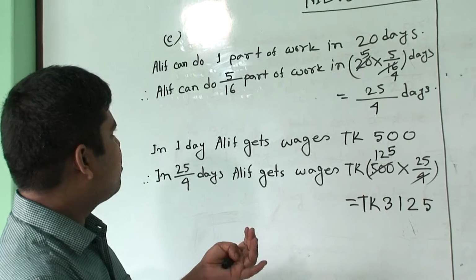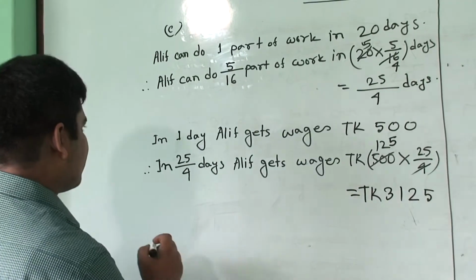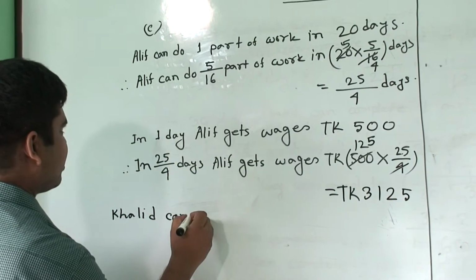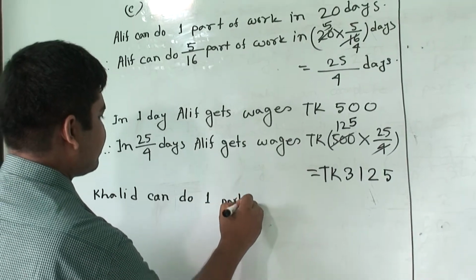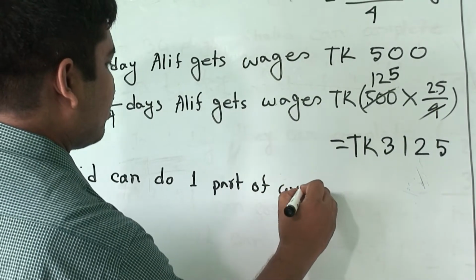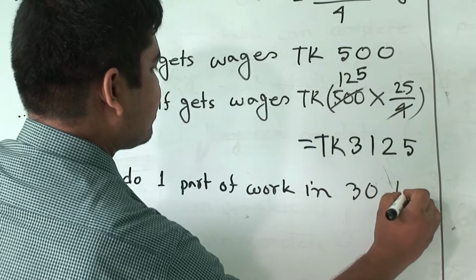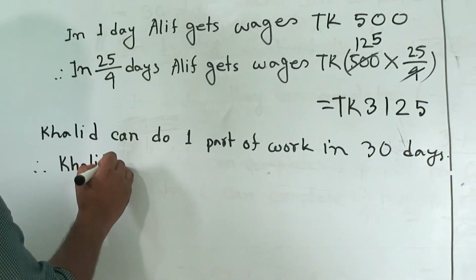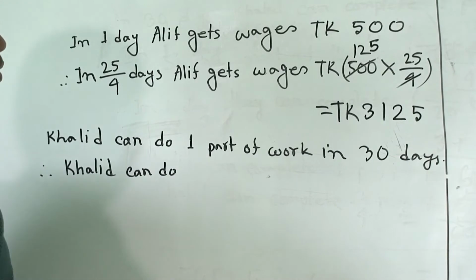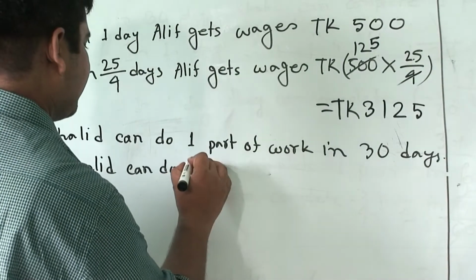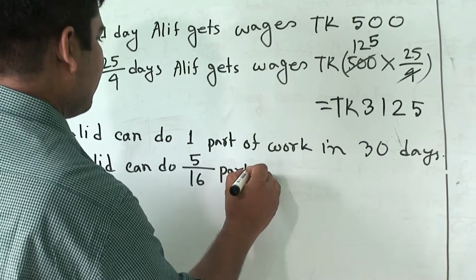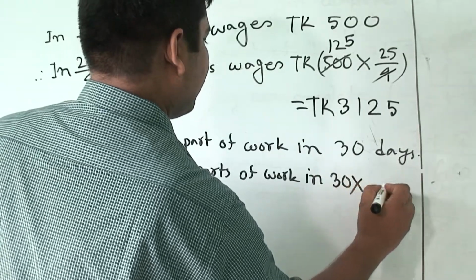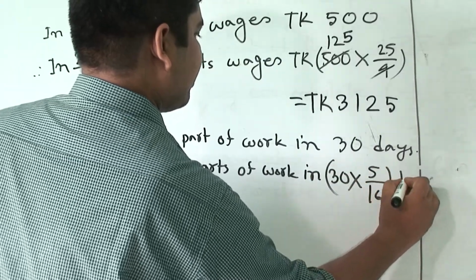Okay, similar way we find Khalid's wages. So write, Khalid can do 1 part of work in 30 days. Okay, then Khalid can do how many parts? 5 by 16 parts. 5 by 16 parts of work in 30 multiplied with 5 by 16 days.